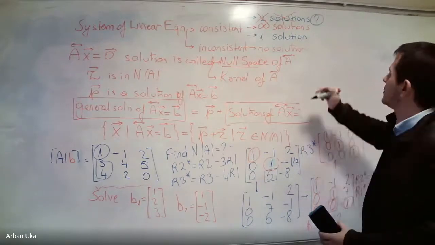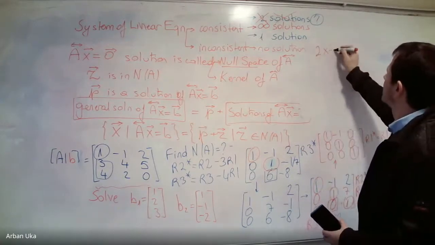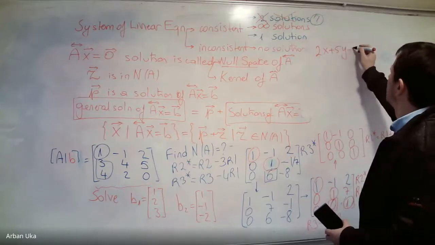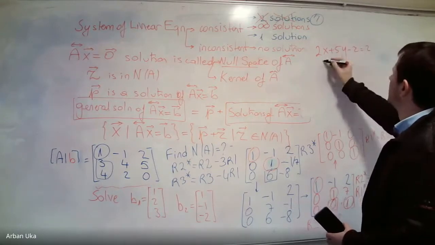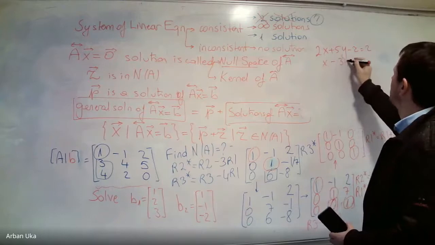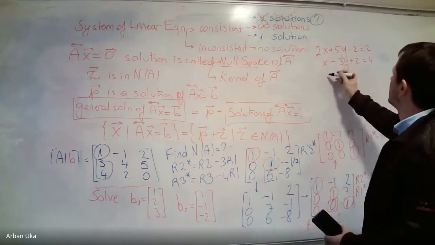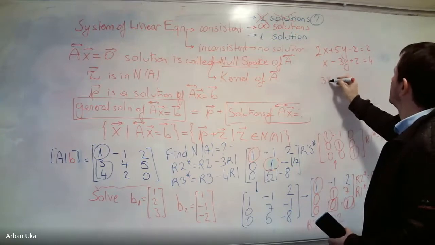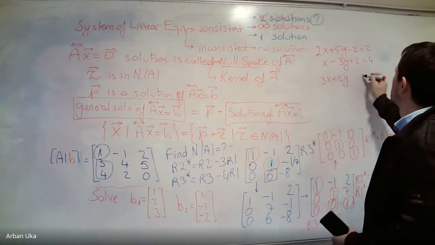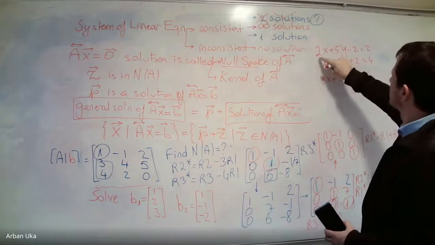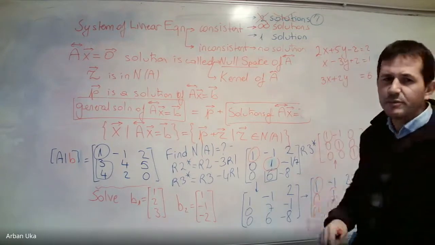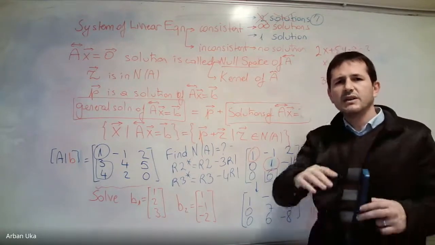Let's assume we have this equation: 2x plus 5y minus z is equal to 2. Then x minus 3y plus z is equal to 4. And then the third equation is 3x plus 2y is equal to 6. The first one is a plane in 3-dimensional space.